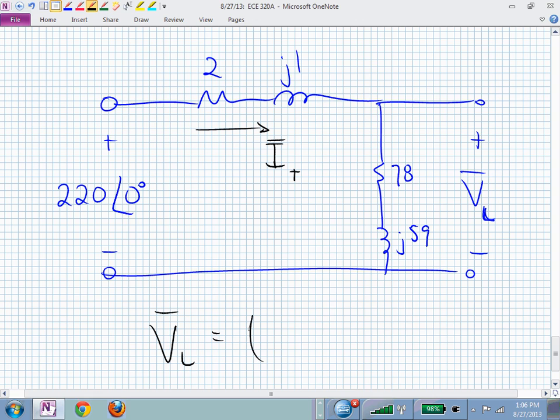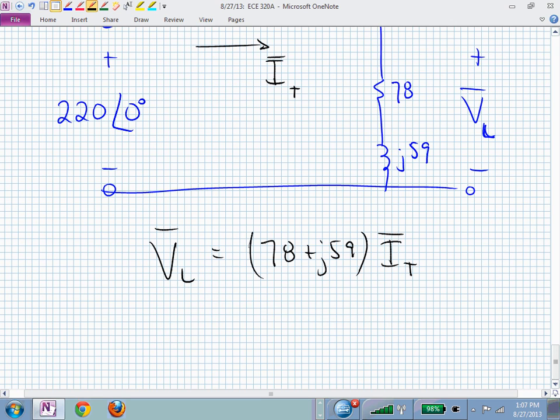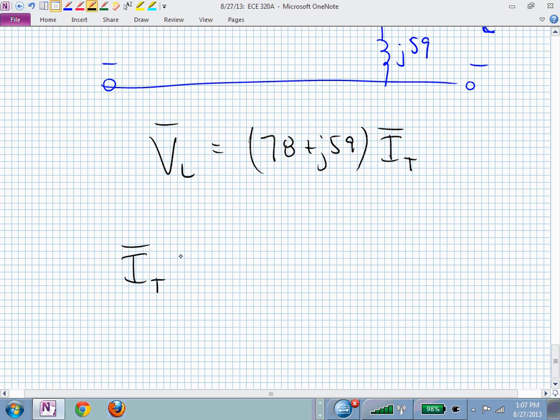If we knew I sub t, what is the phasor V sub L bar? Is everybody okay or comfortable with that? And I sub t, if we needed it, would be this 220 at 0 degrees.